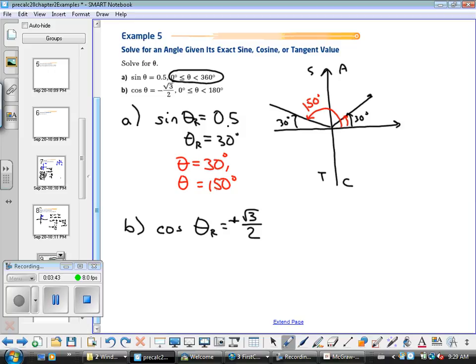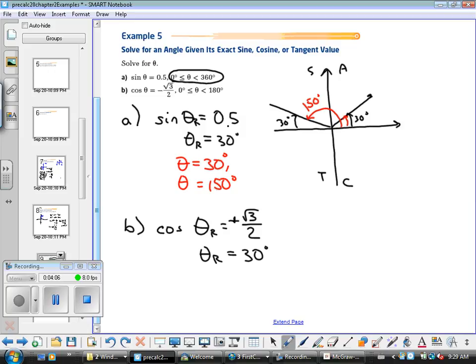So you're going to put square root of 3 over 2 in your calculator, take the second cos of that, and you're going to get 30 again. So our reference angle is 30.